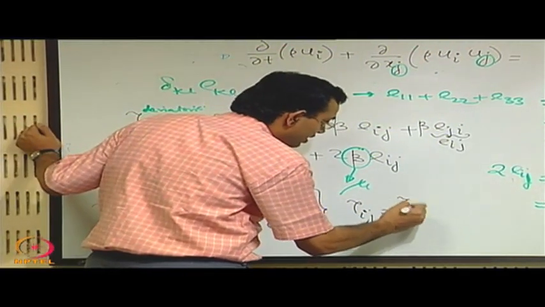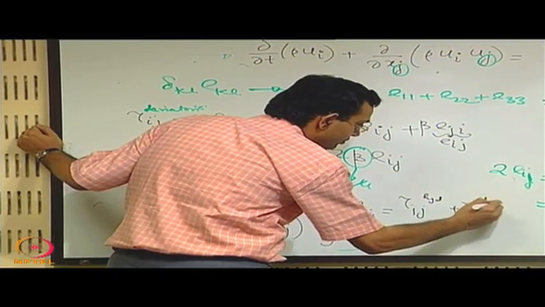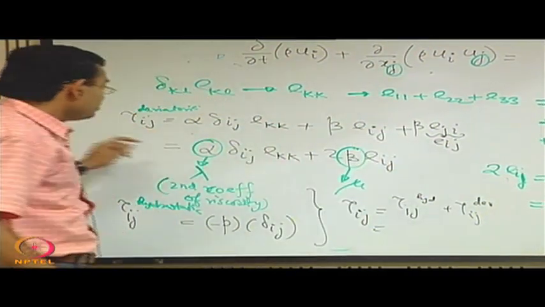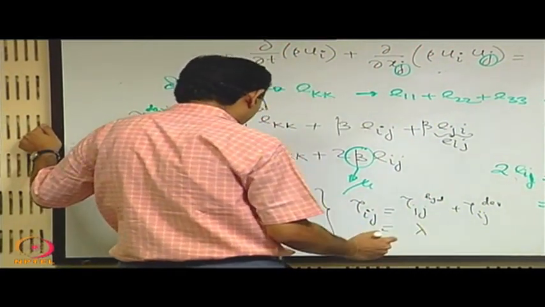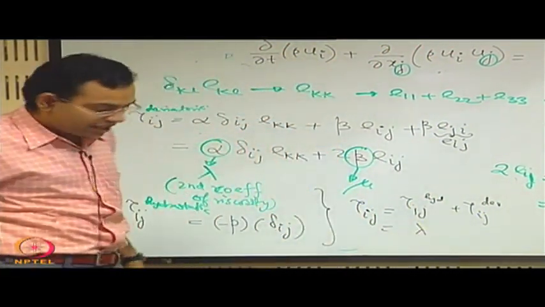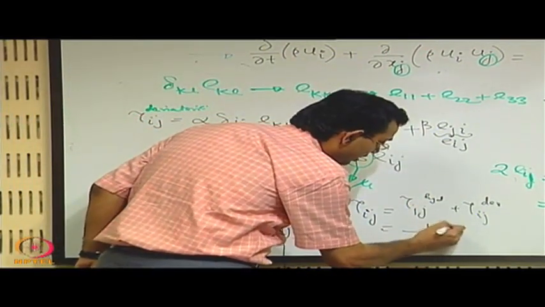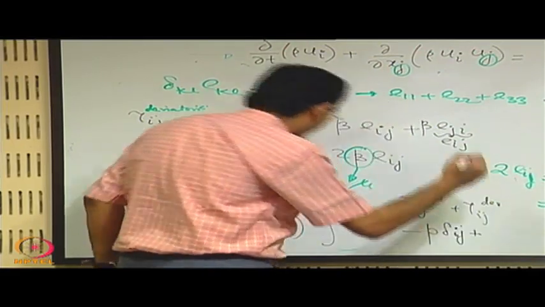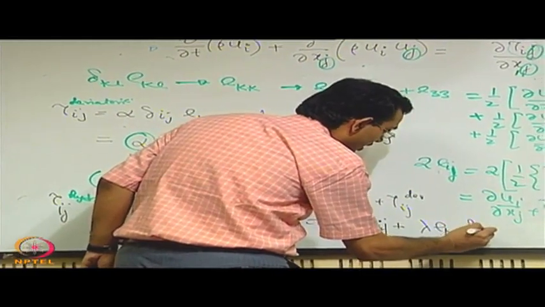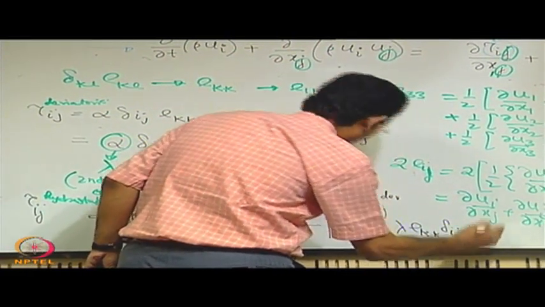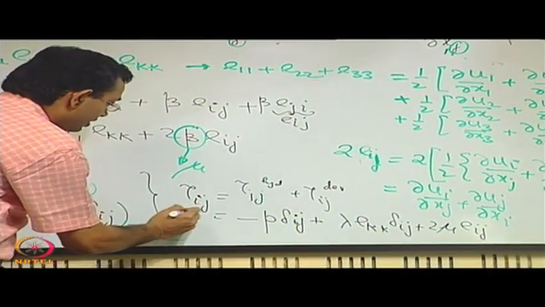So first let us write the hydrostatic part, minus p delta ij, plus lambda into ekk into delta ij, plus 2 mu eij. That is the tau ij.